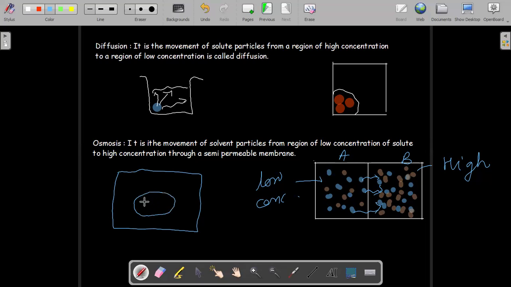Right? Also, there is no movement of solute particles. There is movement of solvent particles only. It is water particles which are moving inside. See, inside here you have a high concentration, and here you have a low concentration of what? Here you have a high concentration of sucrose and other substances, and outside their concentration is low.